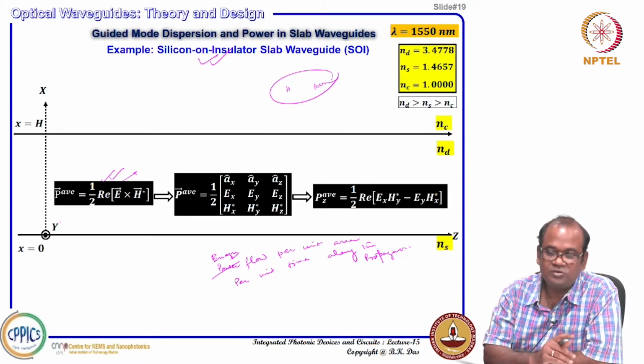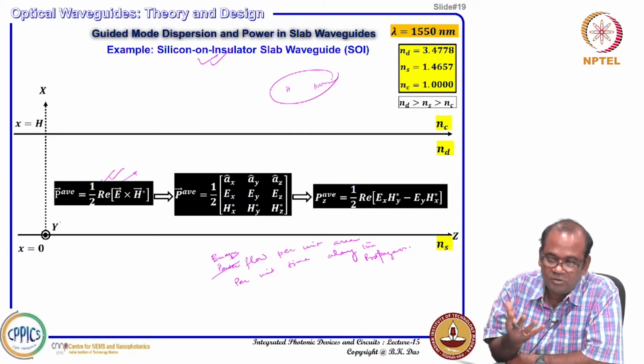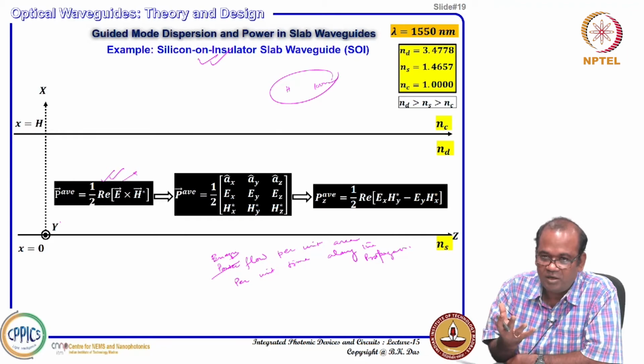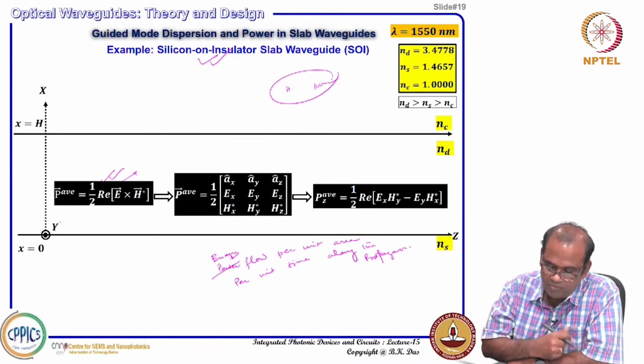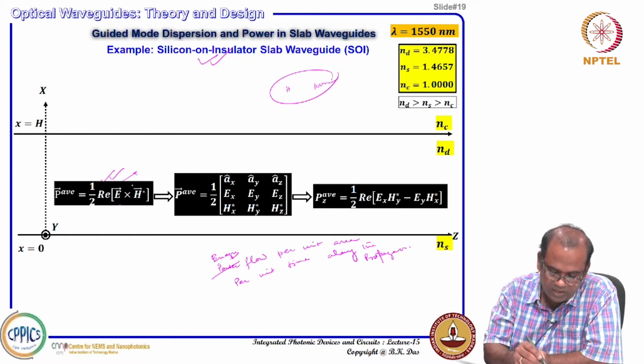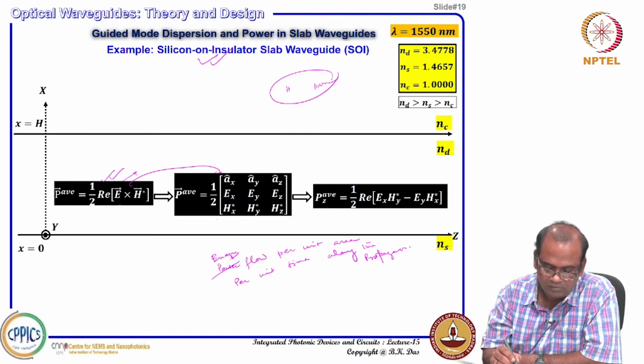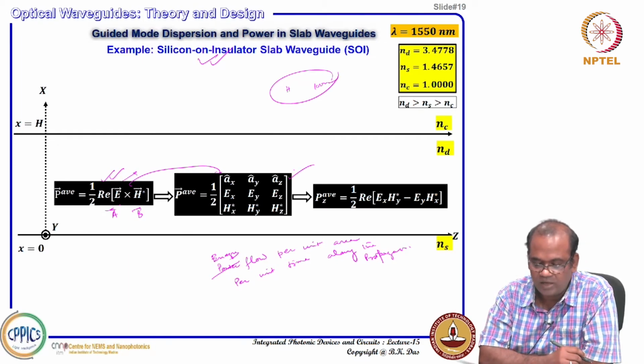Only then is that the actual real value of energy flow per unit area per unit time. Energy flow per unit area is basically power. So if I expand this cross product, with this being vector A and this vector B, we can express their cross product in this form.